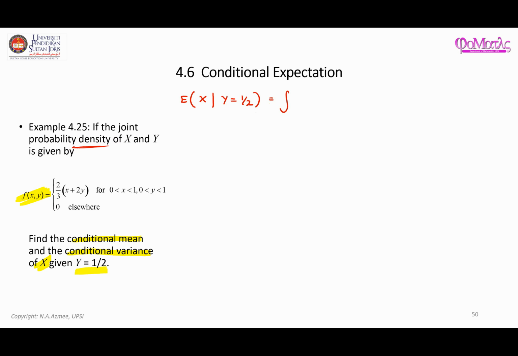And this is our x, this is what we need to find, so we're going to put it right next to it. But this one here is going to be the conditional distribution, because we're talking about conditional distribution right now. So we have f of x given y is equal to half, and we're going to integrate that with respect to dx. Therefore, we're focusing on this limit from 0 to 1.